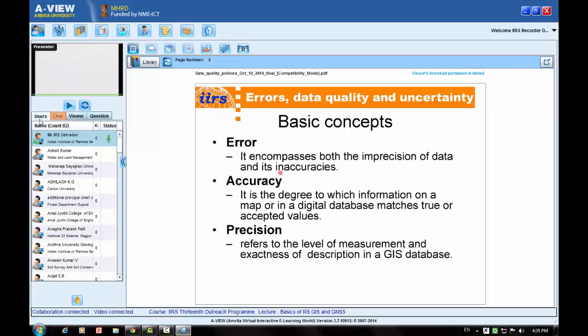So it is the precision with which you measure the distance. Suppose I am measuring the distance on the ground. The instrument gives it in meters or decimeters. It changes from 1 meter to 2 meters, or 1.1, 1.2. That means 0.1 meter is the precision.